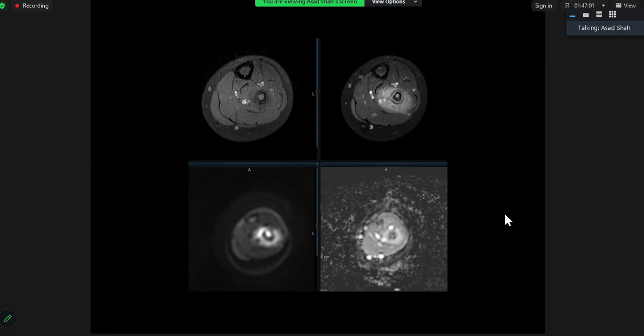Or second, I'm thinking of lymphoma. However, the age group is less, and mets. What about infection? Yeah, infections can also restrict.